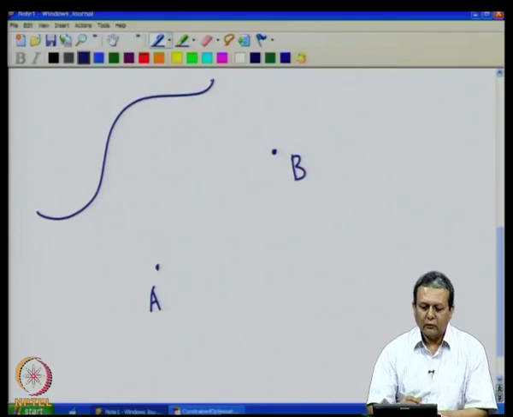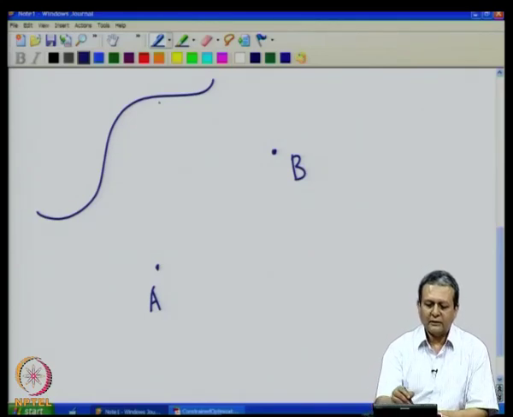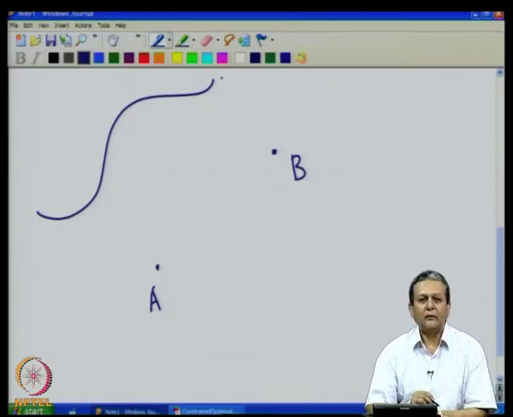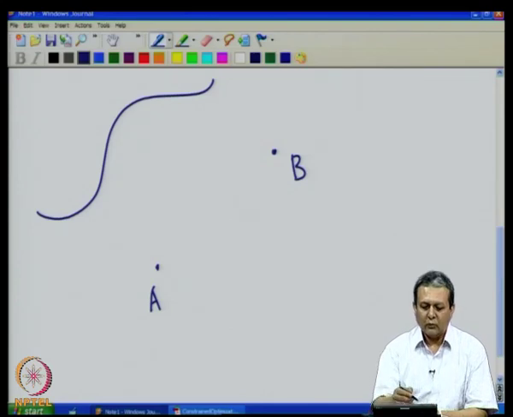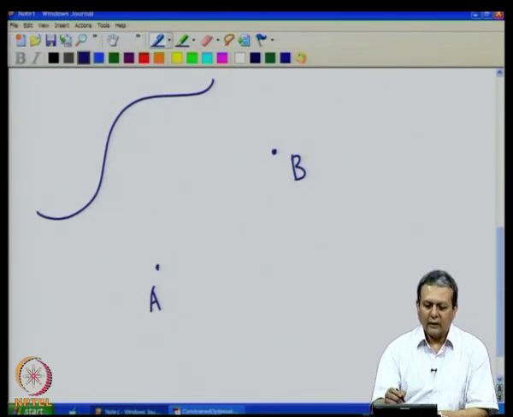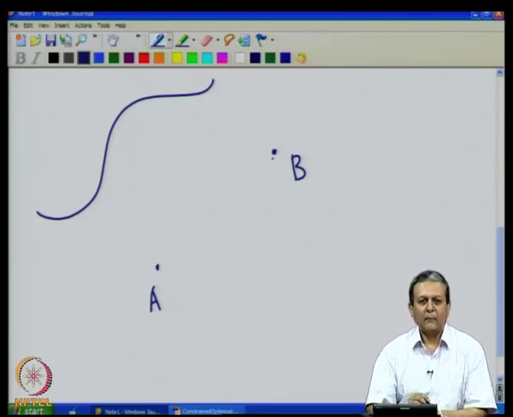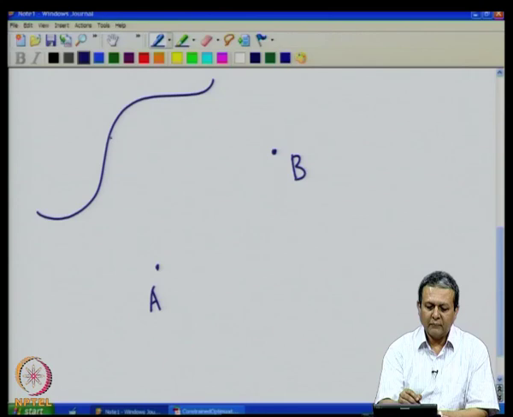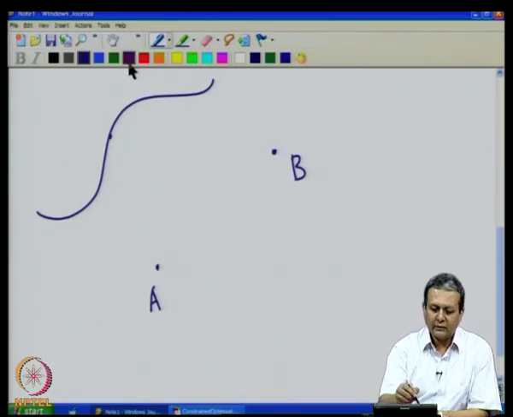Okay. So, we want to visit this road which is given here, a nonlinear road, and then go to the place B. Now, we want to find a point, say P. Let us call this point as point P.